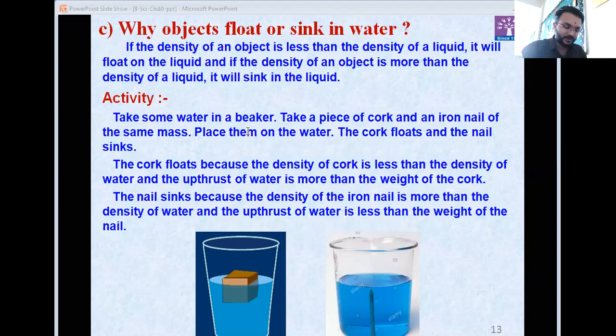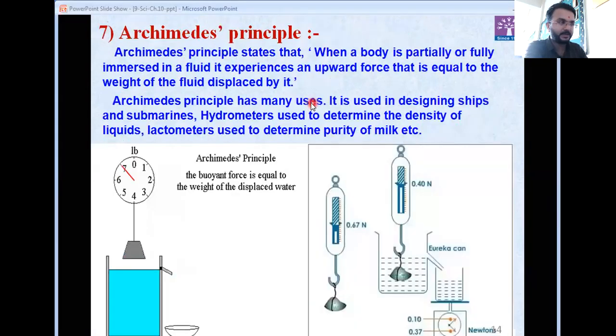Now related to the same concept, we have one new phenomenon, one new theory, and that is Archimedes Principle. Archimedes Principle states that when a body is partially or fully immersed in a fluid, it experiences an upward force that is equal to the weight of the fluid displaced by that object.